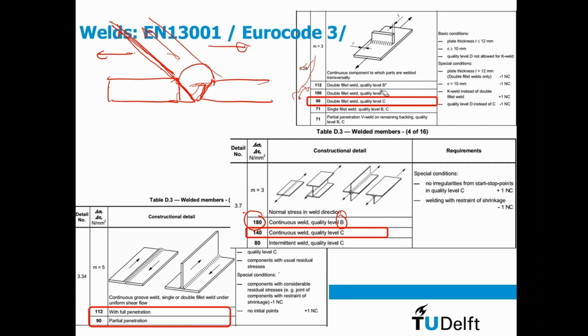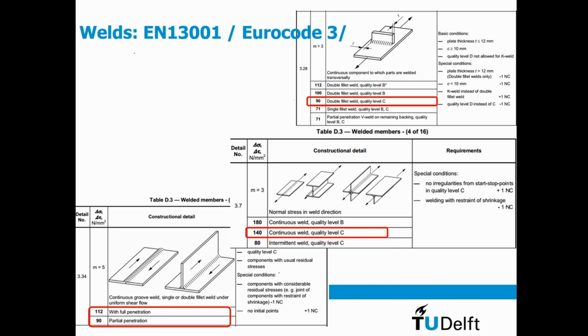So the nice thing is also these weld qualities are also specified in the standard. So if you follow a certain weld procedure, you can state that in your factory or workshop you produce a certain quality of welds, and that results into a fatigue class I can take into account.